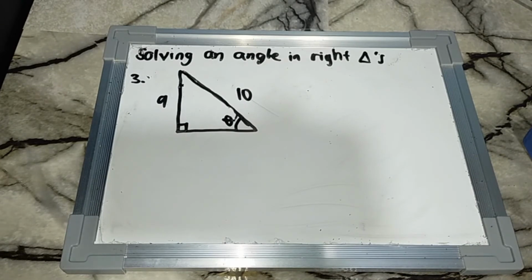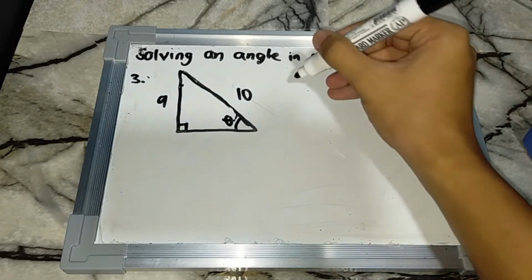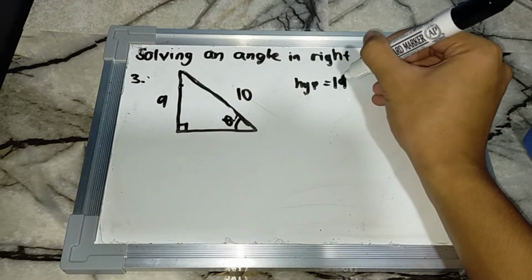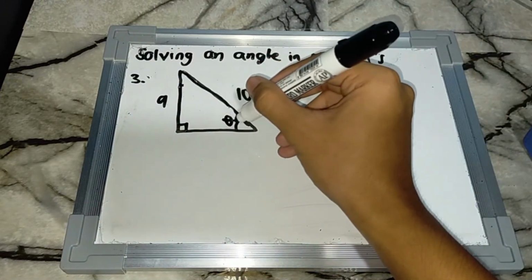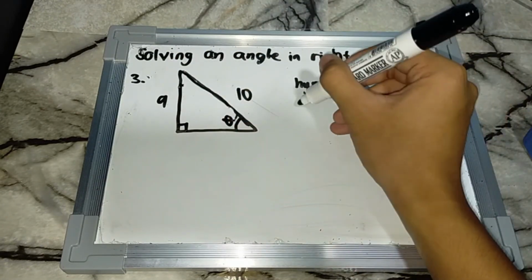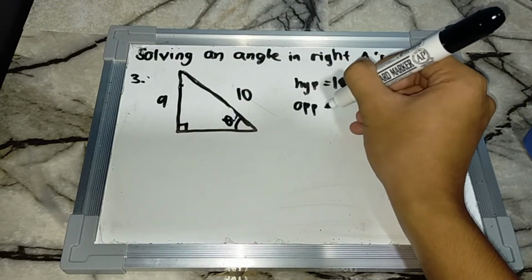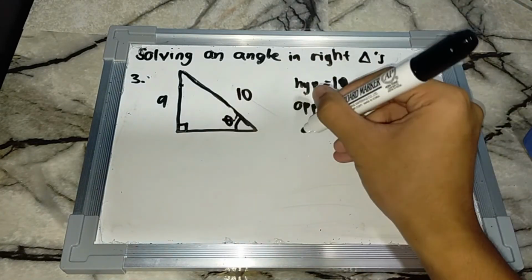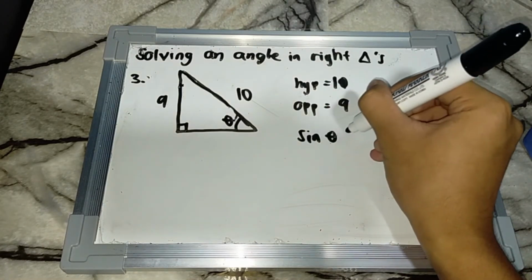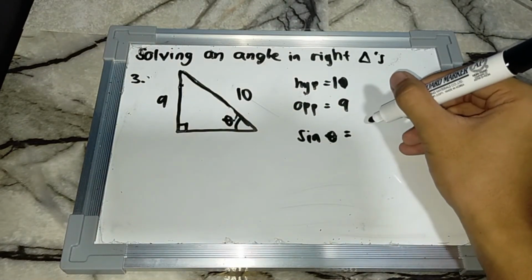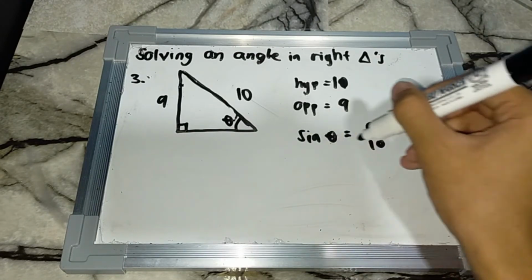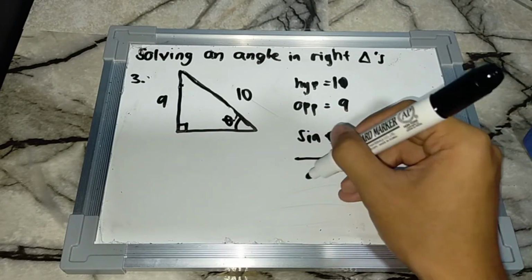For another example, we have the hypotenuse as 10, and the opposite of the angle is 9. So we're going to use again the trigonometric function sine. So sine theta is equal to opposite over hypotenuse, which is 9 over 10. And as I said before, we're going to use the inverse.